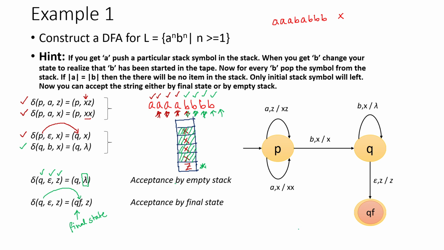Let's see what will happen for a situation, for example something like this. I know that this is a wrong string, right? A B B. This is a wrong string, right? So if I have a situation like this, let's see what will happen.